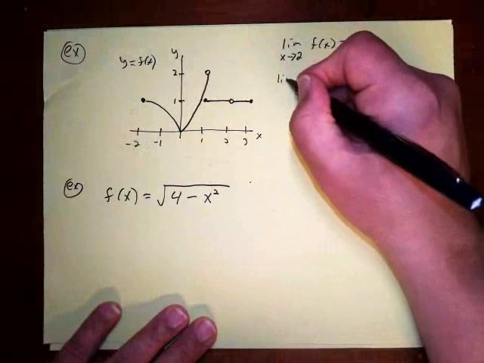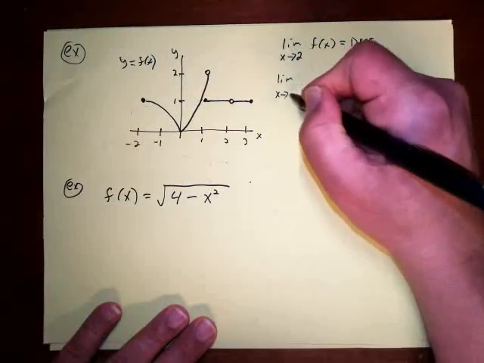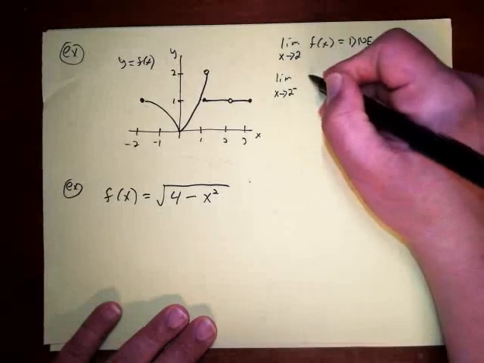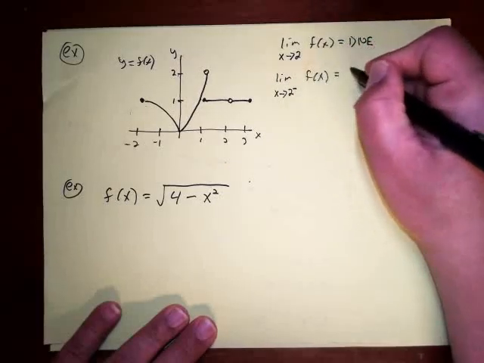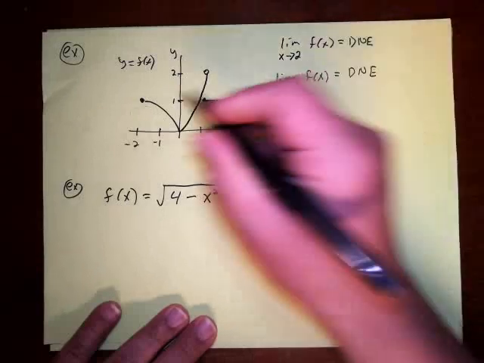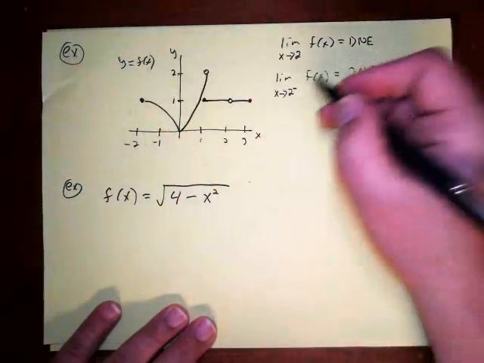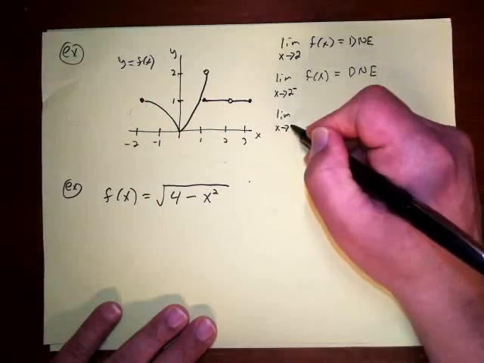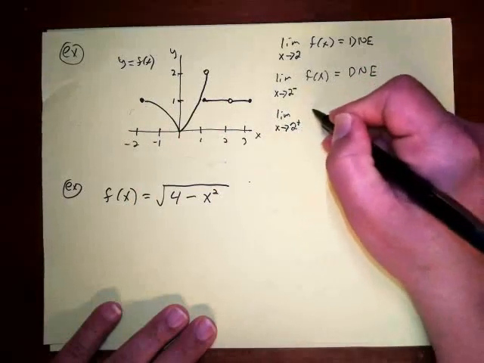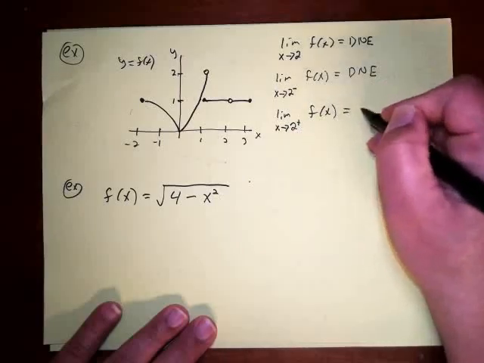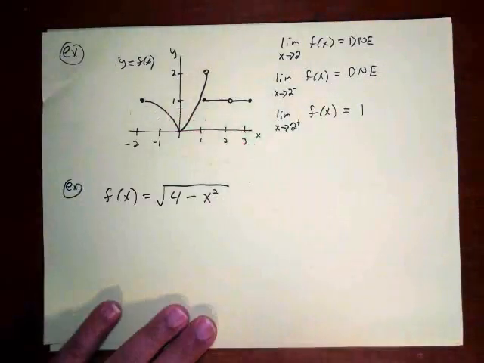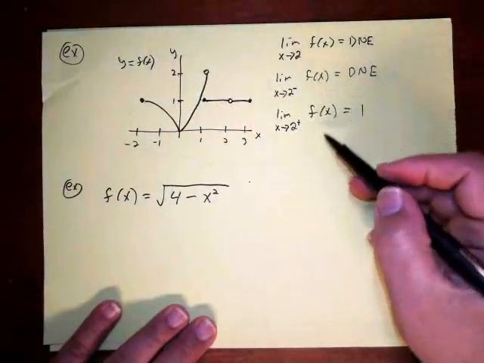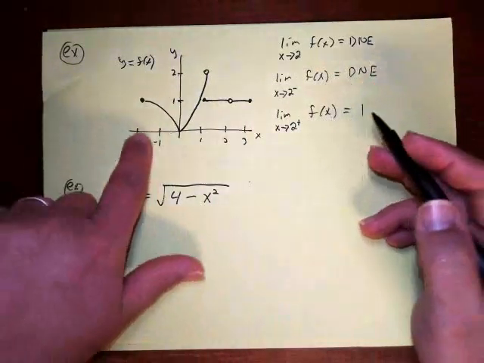And if I took the limit as x approaches 2 from the negative side of f of x, this does not exist, because it's not approaching anything from the negative side. But if I took the limit as x approaches 2 from the positive side of f of x, that would just equal 1, because it's approaching 1 here.